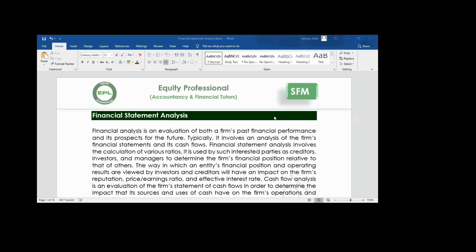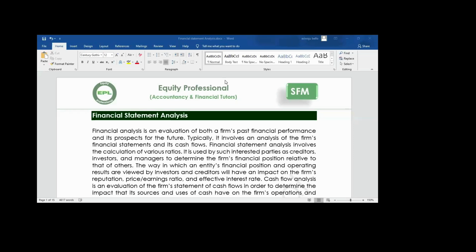You must understand financial statement analysis. Of course, what are financial statements?